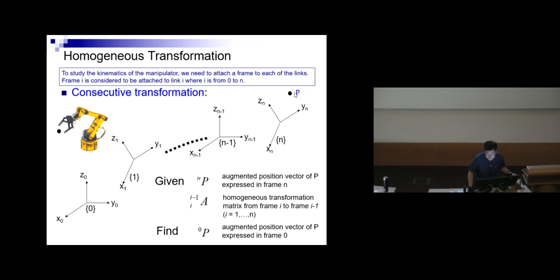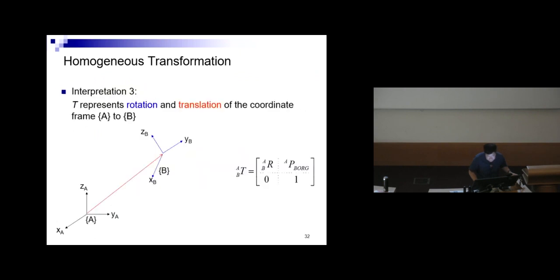You want to find the point P with respect to the base frame, given the point P with respect to frame n, the end effector frame. And you know the intermediate transformations between the links. But now, instead of writing T, we are writing A.